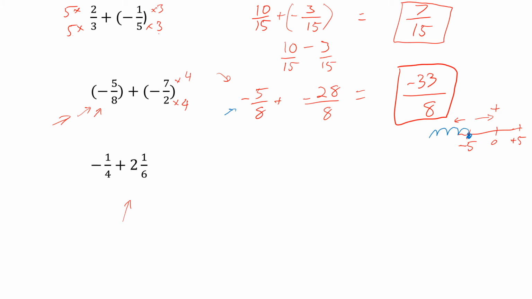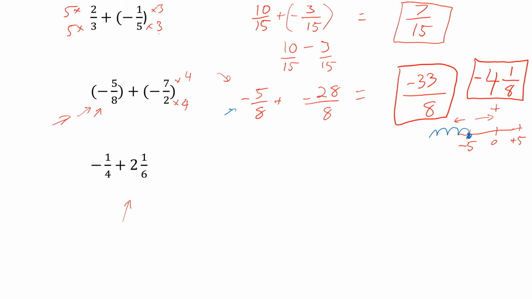So you would go, well, 1 8 can come out of there, 1, 2, 3, there's going to be 4 8s that could come out of there. So since there's 4 8s that could come out, you would write 4. Now 4 times 8 is 32, and this is 33, so there'd be 1 left over. Okay, now the whole thing is still negative. It's negative 33 over 8, so we have to make sure that this stays negative. So you could write your answer something like that as well.